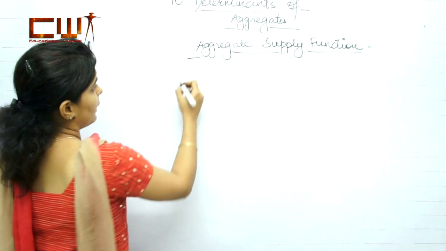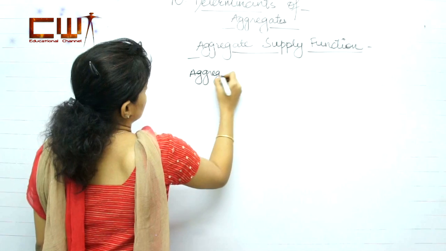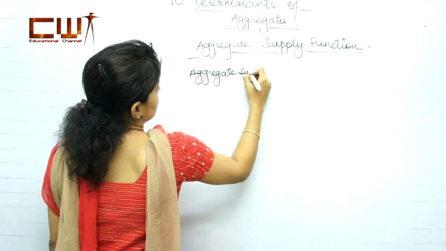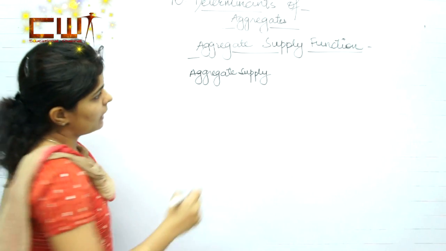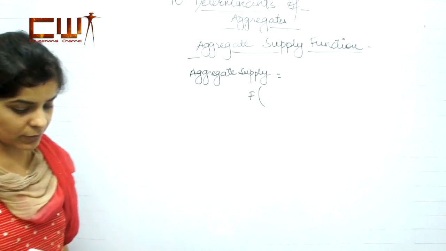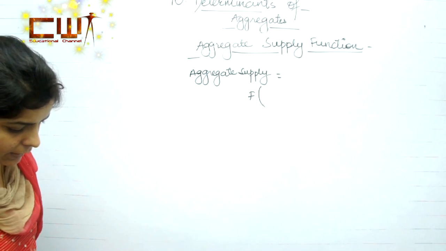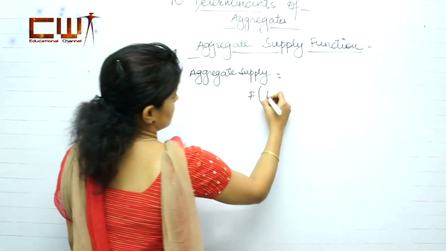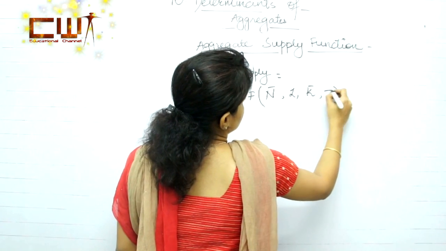You have aggregate supply, right, equals a function of N bar, L, K bar and T bar.